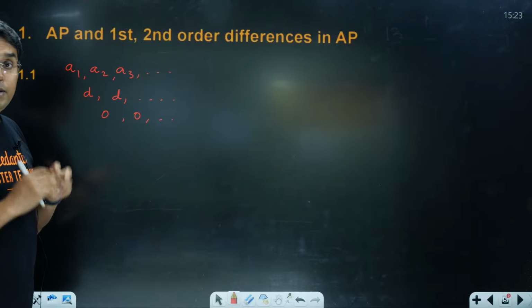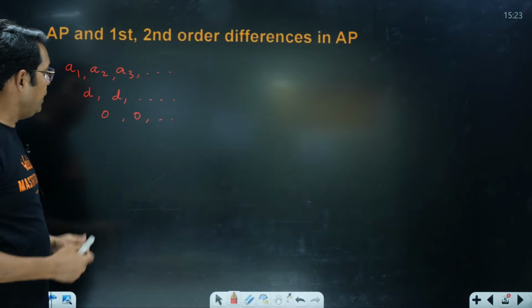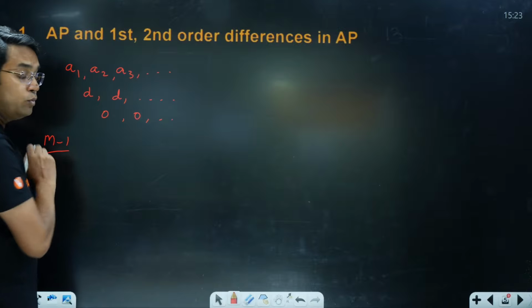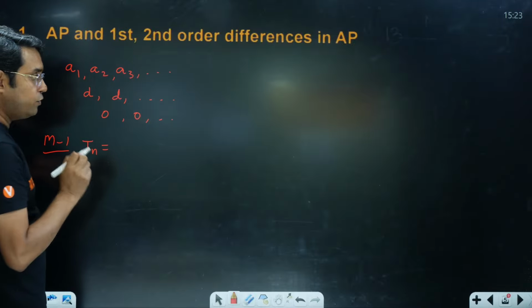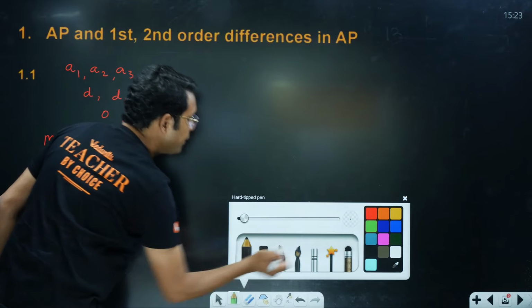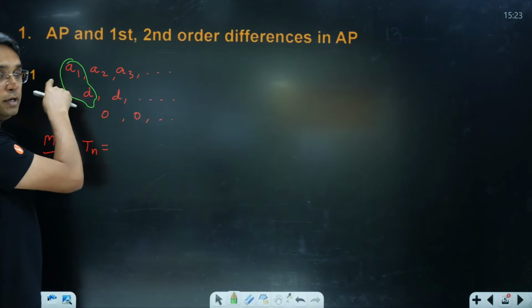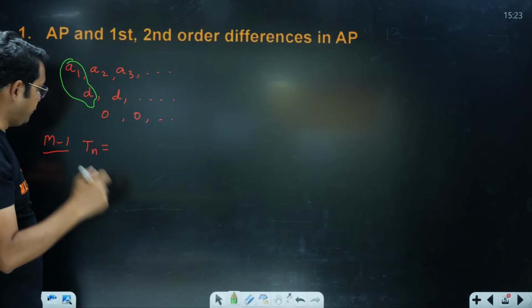Now if you want to know the nth term and sum of n terms, I will actually be talking about two methods. My first method is that Tn of this series would be, you just circle the first terms of these two series, first the given one and second the one obtained by taking the difference.